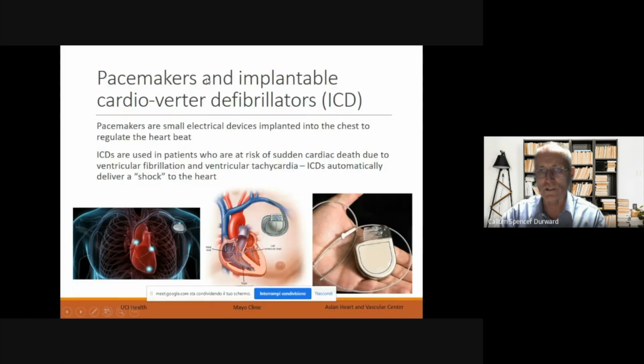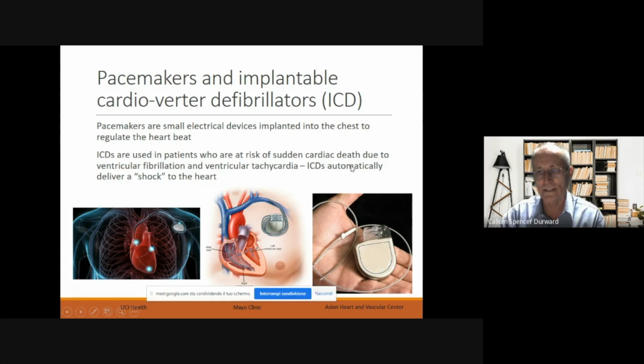Some of these patients may have a pacemaker. A pacemaker is a small electrical device implanted into the chest to regulate the heartbeat. Others might have an implantable cardioverter defibrillator or an ICD. These are used in patients who are at risk of sudden cardiac death due to ventricular fibrillation and ventricular tachycardia.